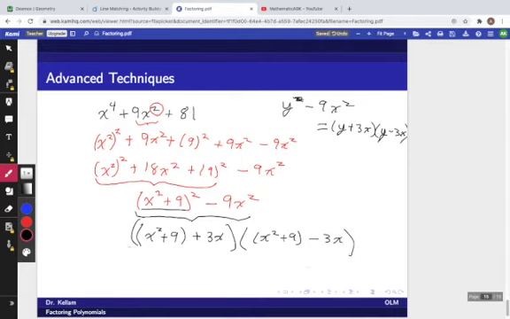And then this simplifies down into x squared plus 3x plus 9 times x squared minus 3x plus 9.